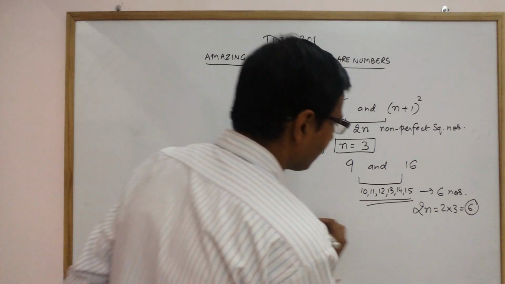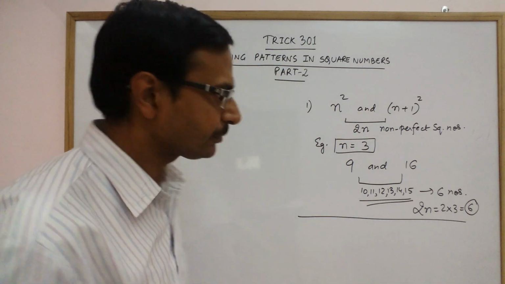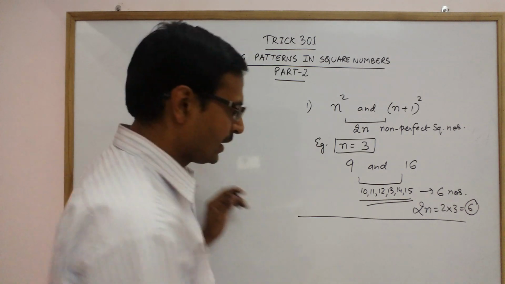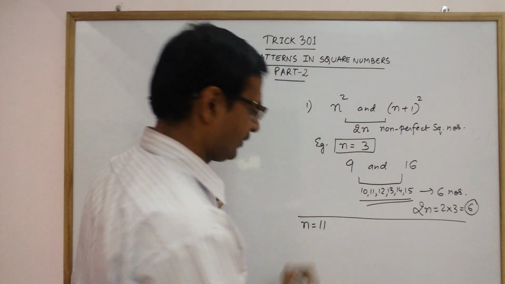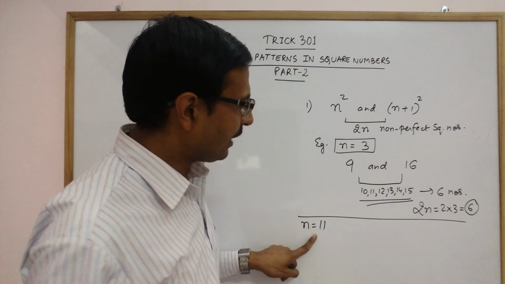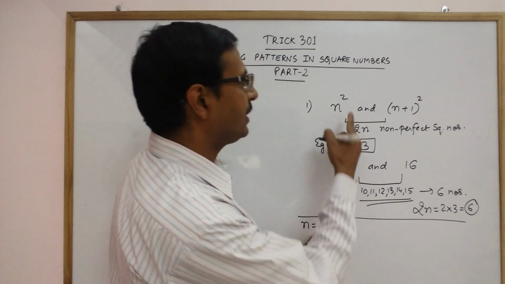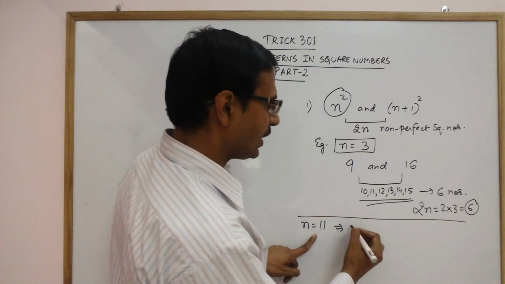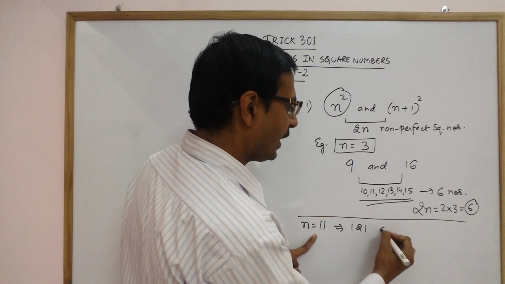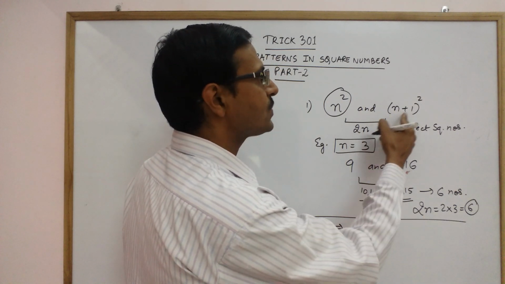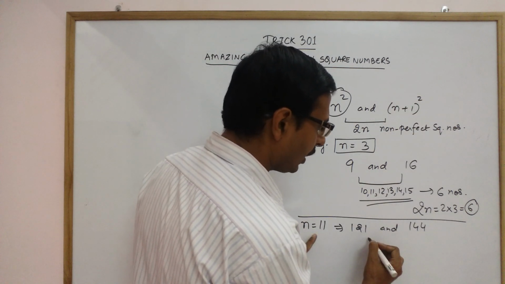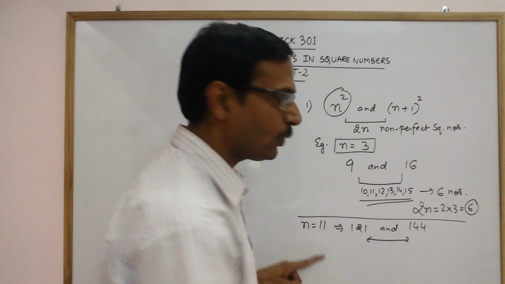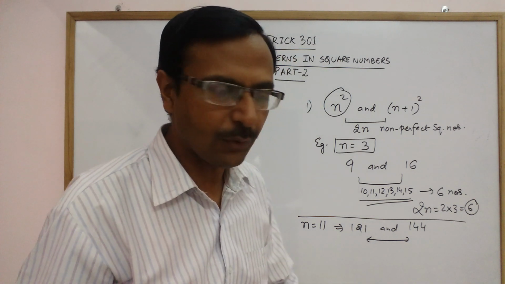Now let us take one more example to understand this in a better way. Say I'll take a larger number now. Suppose we have n equal to 11. Now when we have n equal to 11, that implies 11 square is 121 and 11 plus 1, 12, 12 square is 144. Now I want to find how many numbers are contained between 121 and 144.